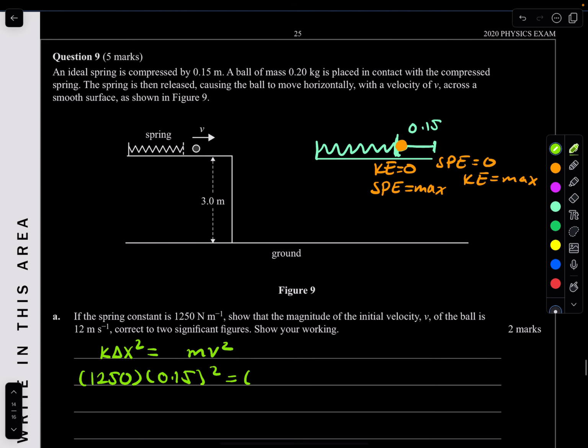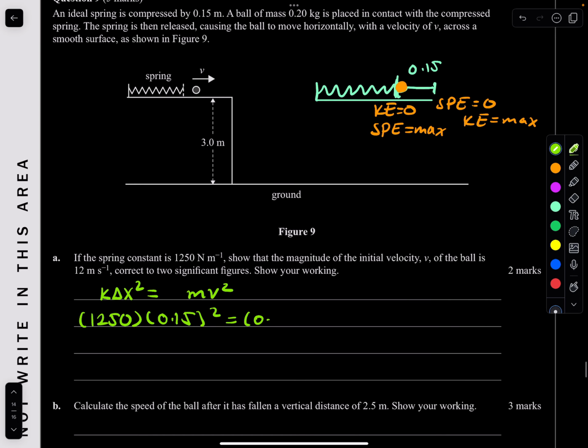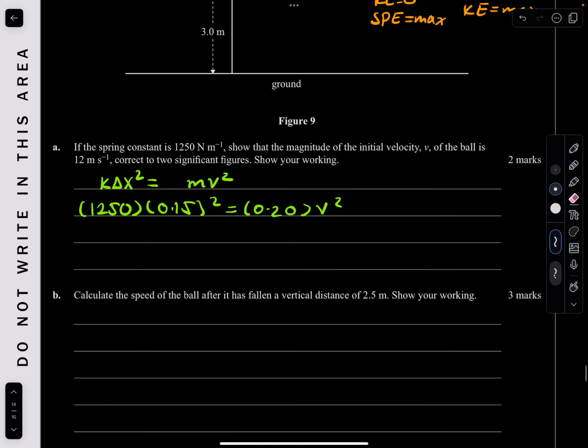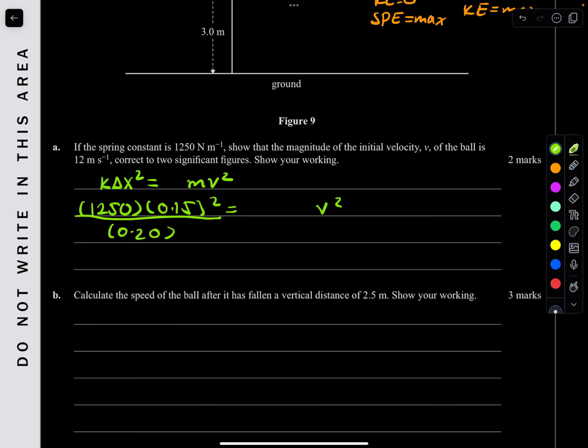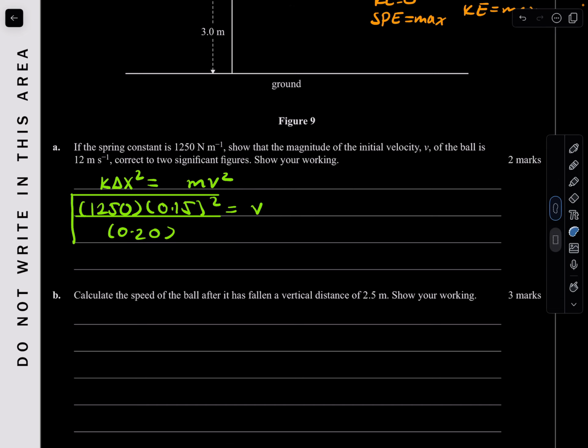What's the mass of the ball? 0.2 times your velocity squared. So bring this over, divide this side by that, and then take the square root of that. That's going to give you your velocity overall. Done.